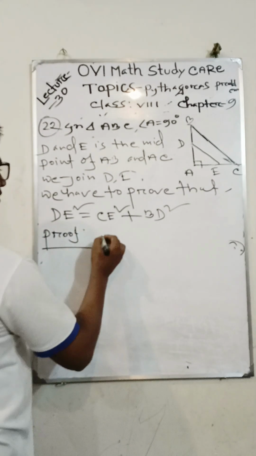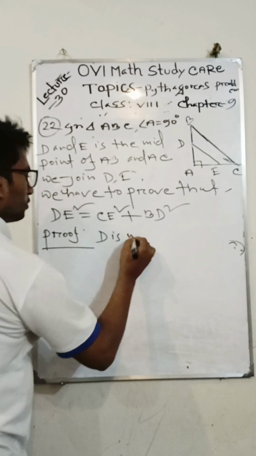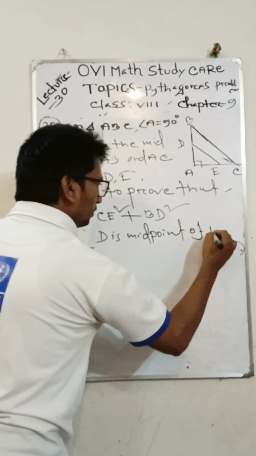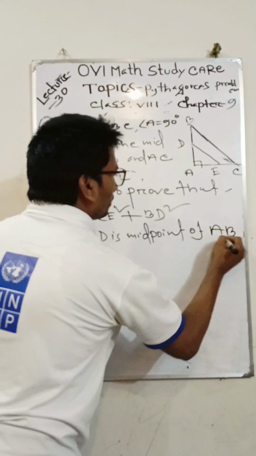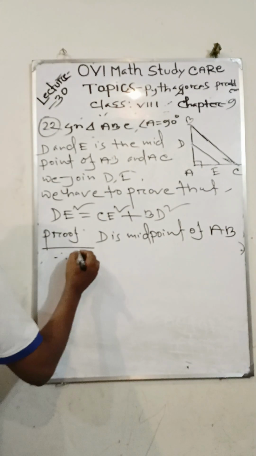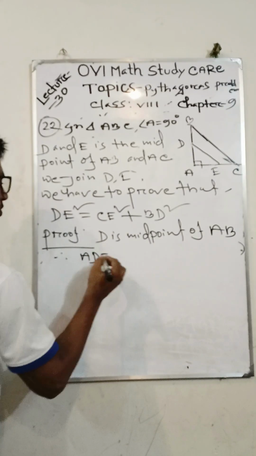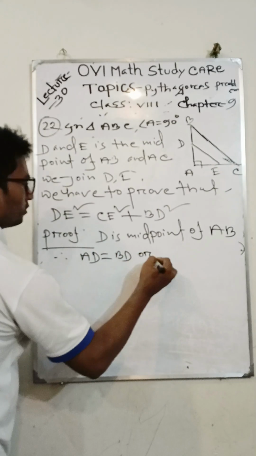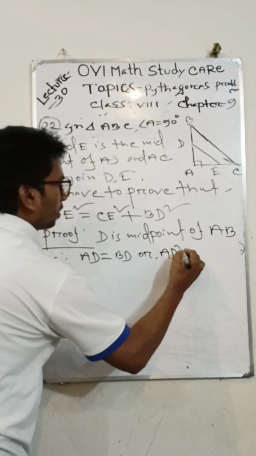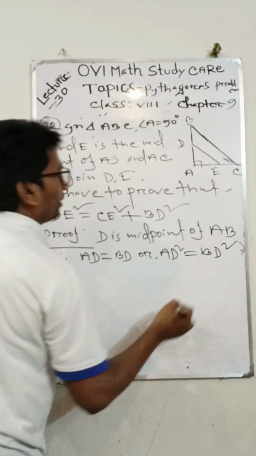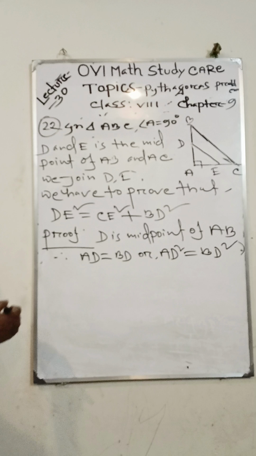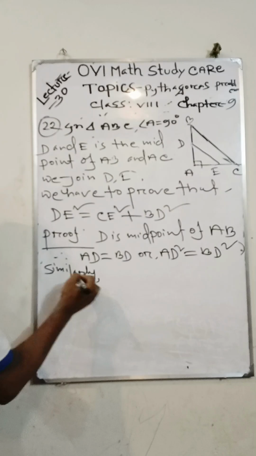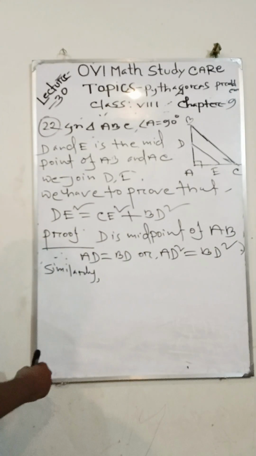D is the midpoint of AB. Therefore AD equal to BD, or AD square equal to BD square are same. And similarly, E is the midpoint of AC.